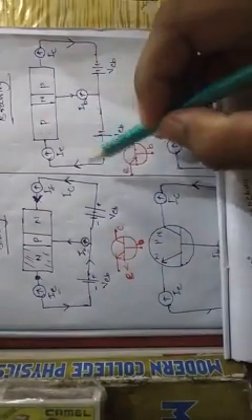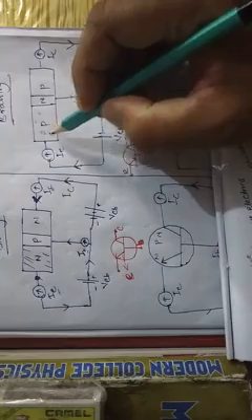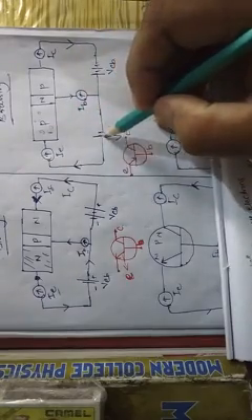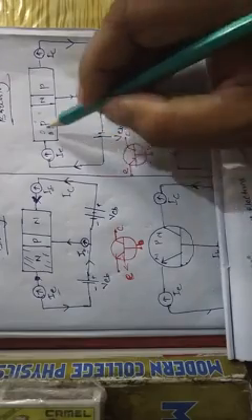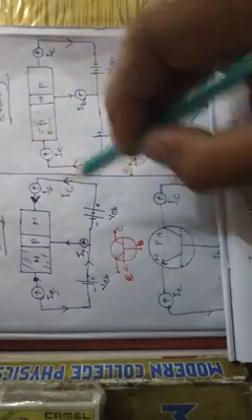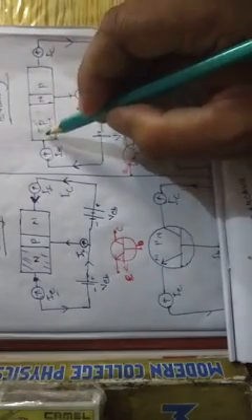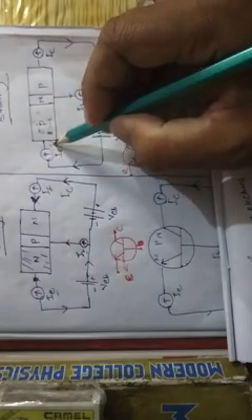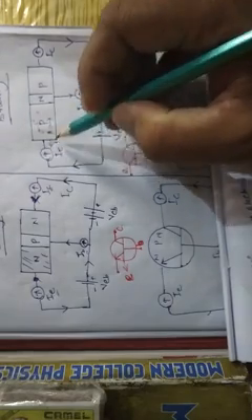Here I want to show you the current direction. See, here excess holes will be there, so this is the positive terminal of the battery, and due to this the holes will be repelled in this direction. As holes are repelled in this direction, the electrons will flow in the opposite direction.